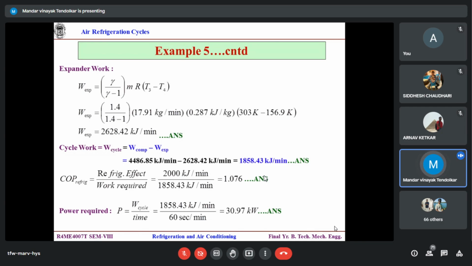If during your calculations in MST, AC, whatever, your COP comes out to be something different, then that is a direct hint you have to cross-check the calculations again. I repeat the values: for air refrigeration slightly greater than 1, let's say 1 to 1.5. For vapor compression cycle 4 to 7, or let's say 3.5 to 7.